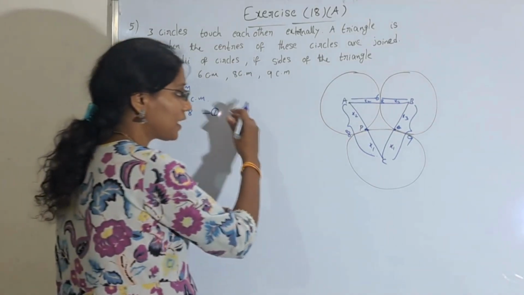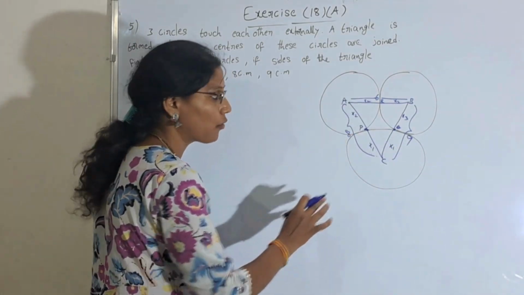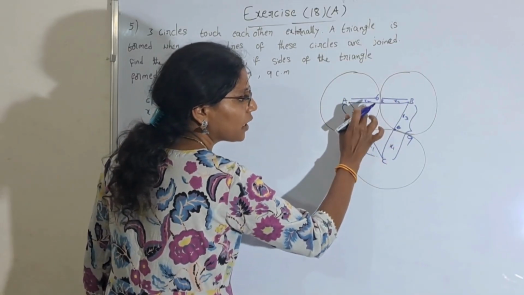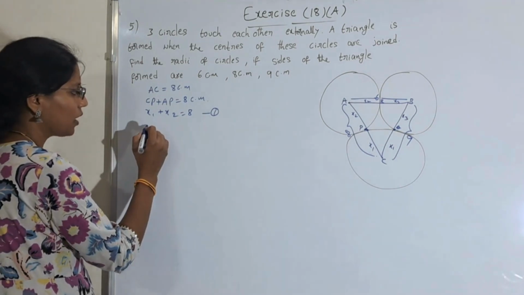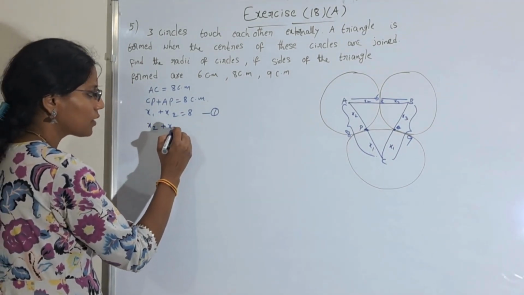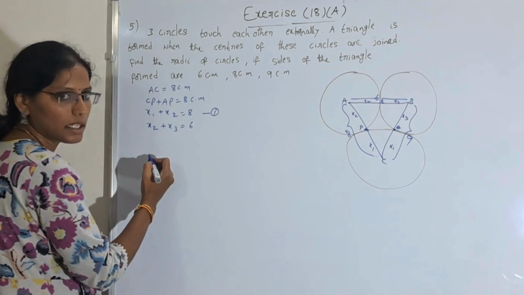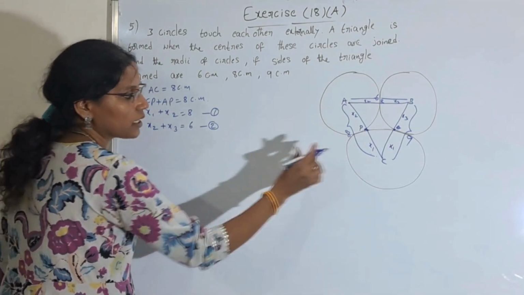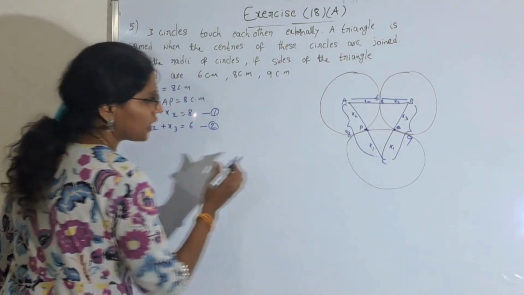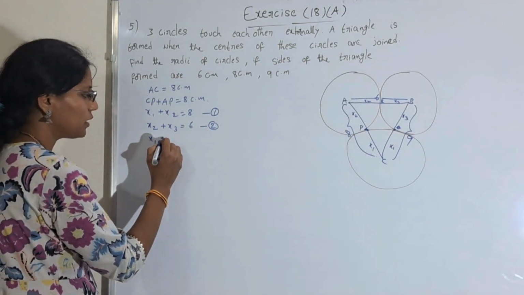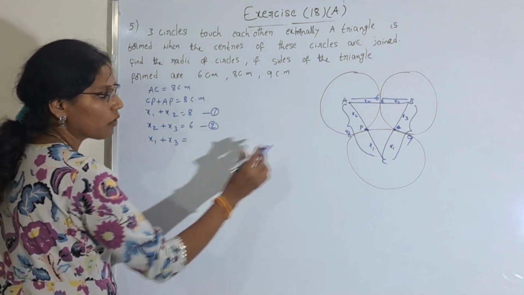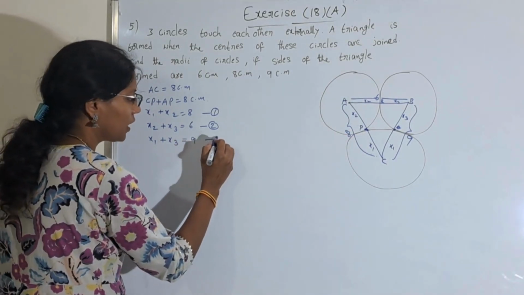Equation 1. In the same way, we write the remaining sides. x2 plus x3 is equal to 6 centimeters. Equation 2. Next, x1 plus x3 is equal to 9 centimeters. Equation 3.